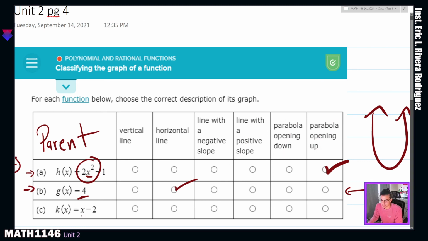The last one we have here is x minus 2. That's a linear function, right? It has a slope of 1. You need to be able to identify the slope of a linear function.